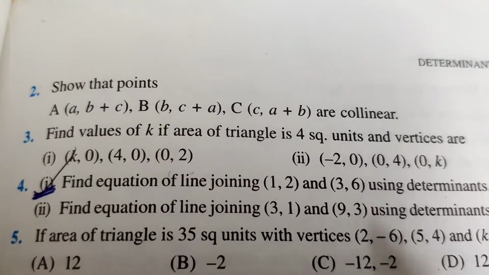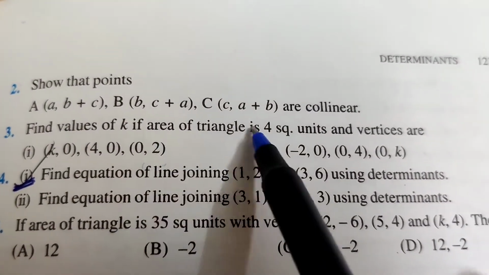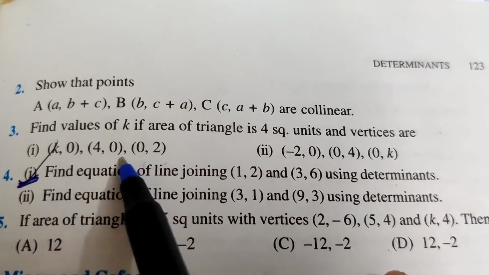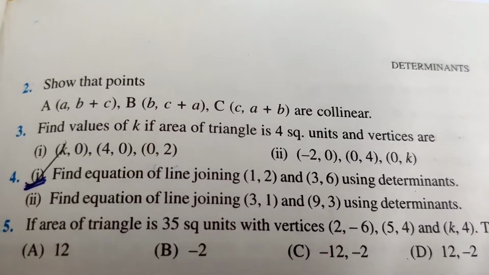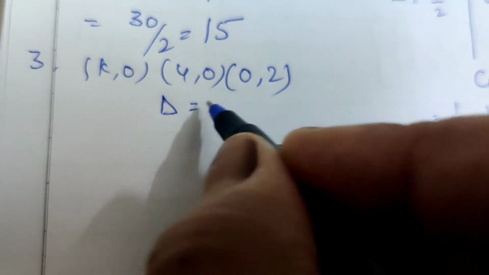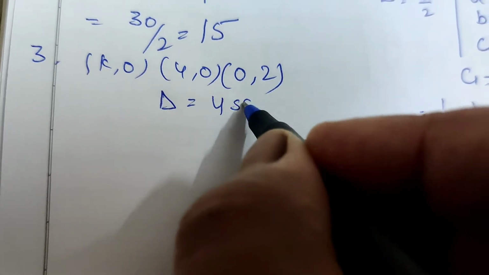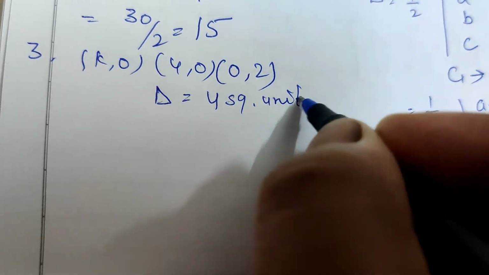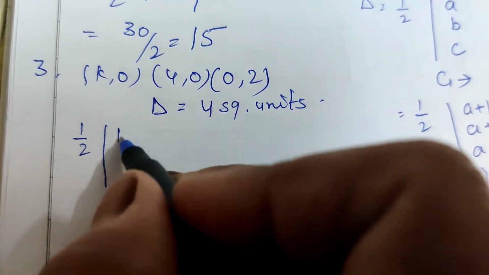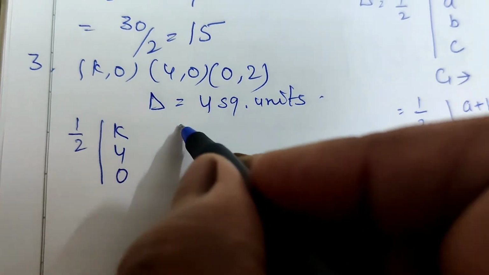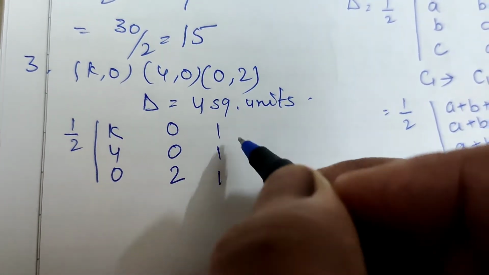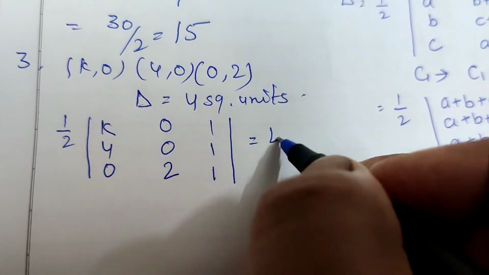Question number 3. Find the values of K if the area of the triangle is 4 square units and the vertices are these. In this question it is given that the area equals 4 square units. The formula of area is 1 by 2 times the determinant with rows K, 0, 1; 4, 0, 1; 0, 2, 1 equal to 4.